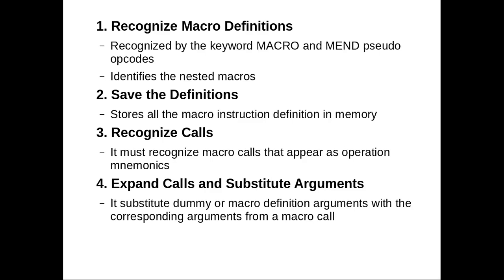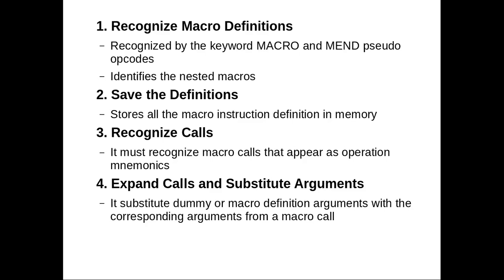And one more thing, macro processor has to recognize nested macros also, which means the last mend pseudo opcode has to match with the first macro pseudo opcode. Then the second task is saving the definitions. Whatever macro definitions are there in the source assembly language program, they have to be stored in the memory before the macro expansion.